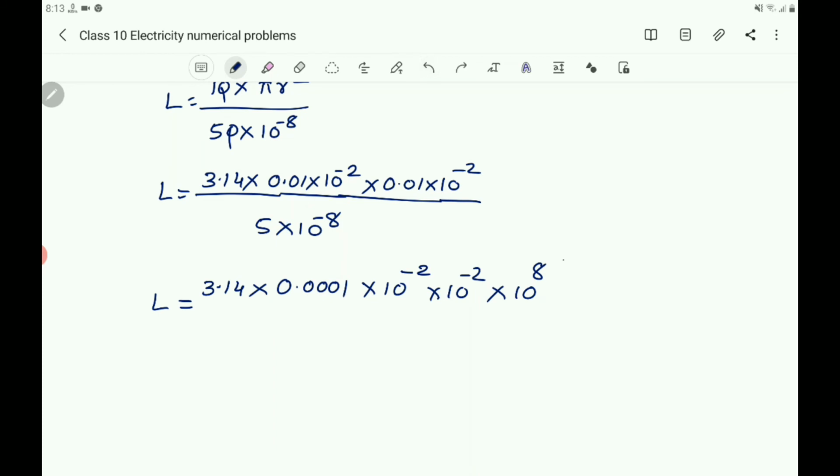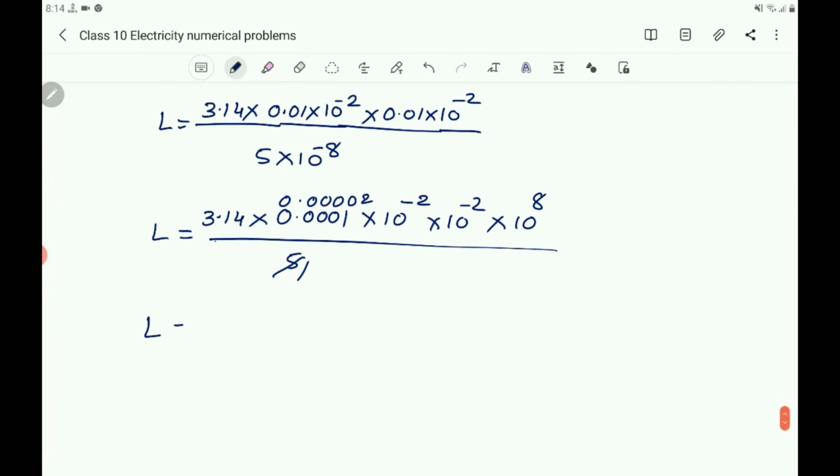Take this to the numerator, so it becomes 10 power 8, that divided by 5. Then it becomes 5 ones are 5, zeros are 0s, and it is 5 2s are. So you write 0.00002, and you write L equals 3.14 into 0.00002 into 10 power minus 2 plus 8.